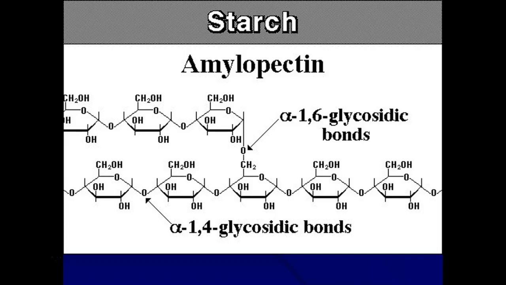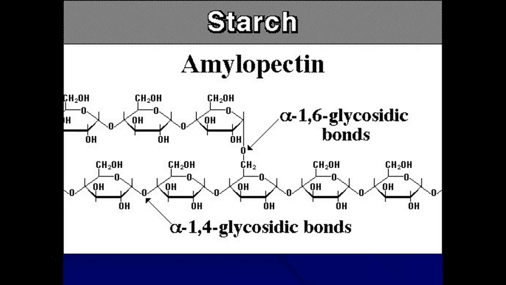This one actually goes and forms the little side branch. Now, how often does this branching occur? It turns out on average about every 25 monomers. So about every 25 monomers, there'll be a branch.